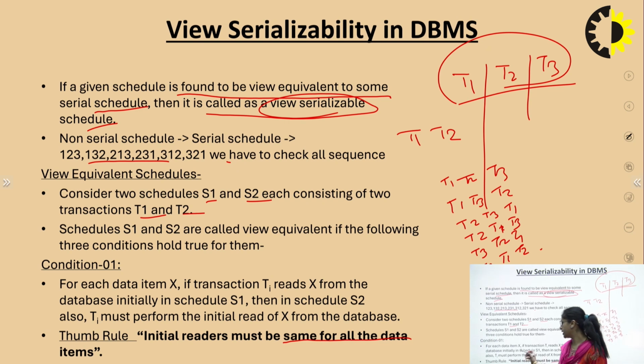Like for each data item X, if the transaction Ti reads X from the database initially in schedule S1, then in the other schedule that transaction Ti must also read the data X initially. That is the initial read condition. The initial read must be the same in both schedules.